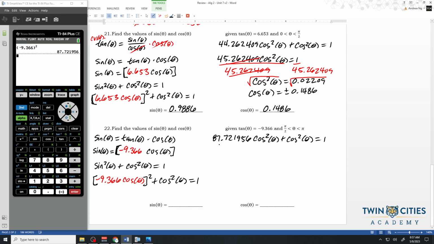Now I've got 87 point some cosine squareds. I'm adding another cosine squared. So this will be 88.721956 cosine squareds.